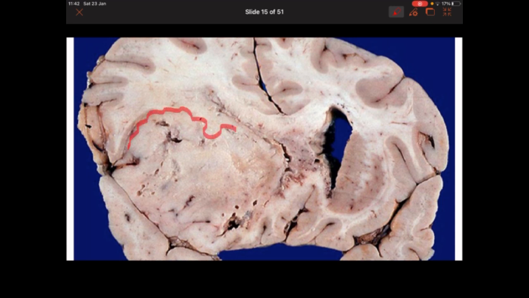They are ill-marginated, ill-circumscribed, and here you can see that this tumor is pushing the ventricles and causing the midline shift. The surface shows homogeneous whitish to slightly grayish area, but there is no apparent gross necrosis. This is important so that we can differentiate with gross morphology of the glioblastoma.